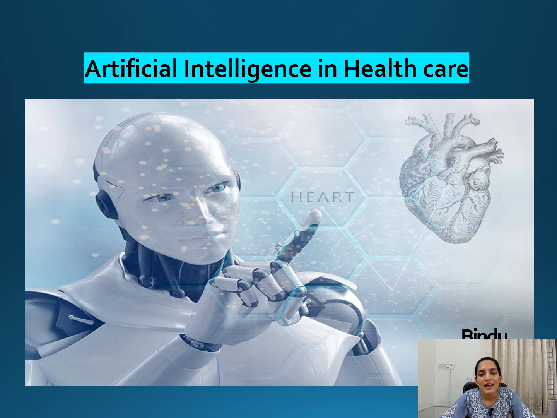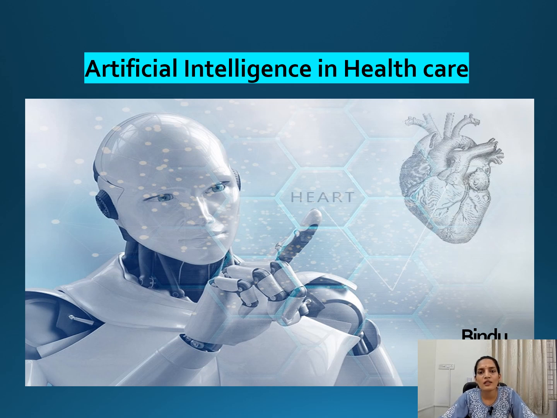So what would be the main ambition of this application? Meaning, what would be the achievement of this application of artificial intelligence in healthcare system? It would be the efficient, effective, and accurate delivery of healthcare services to the people who don't have access to any kind of resources, like availability of doctors, availability of specialists in certain areas of surgeries, emergencies.